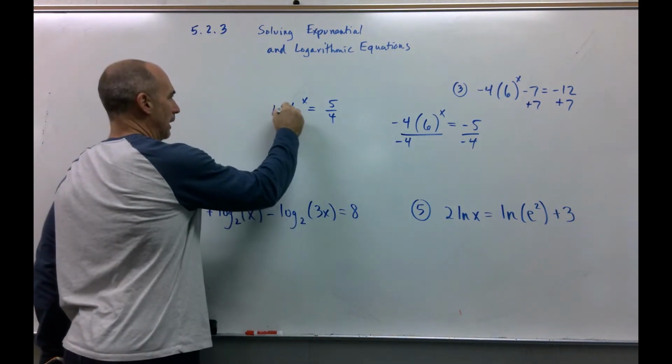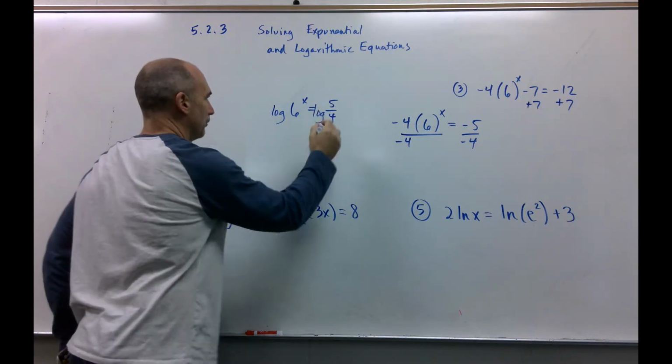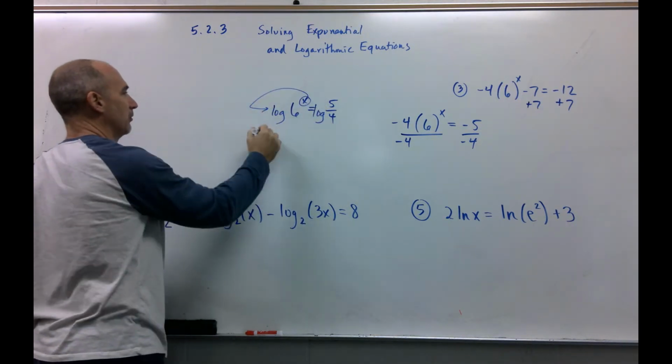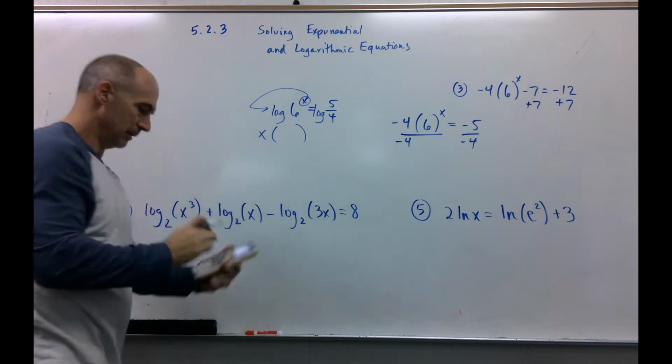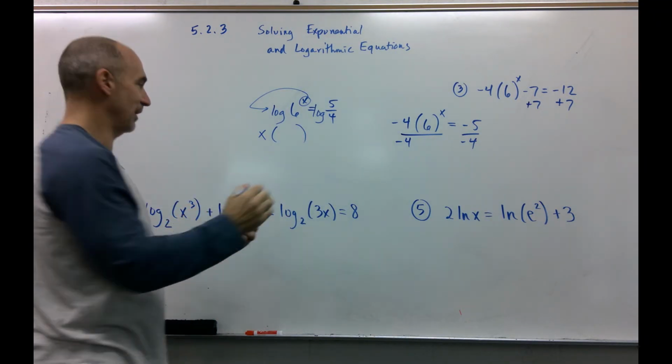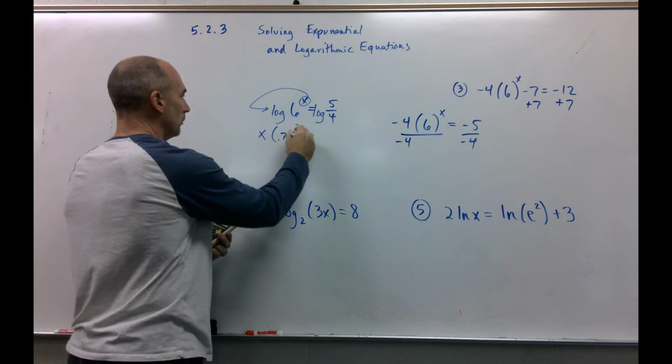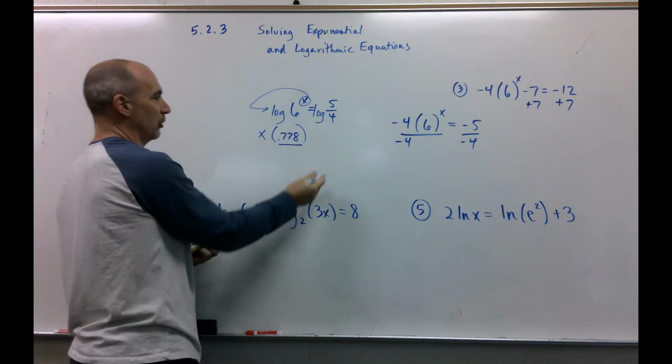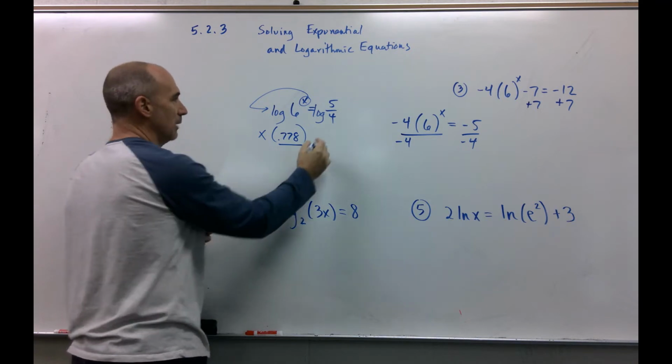Slap a log on, slap a log on. Bring the power in the front. So x times log of 6 is 0.778. I don't know how precise you want to get. You could round that to 0.8 if you want.